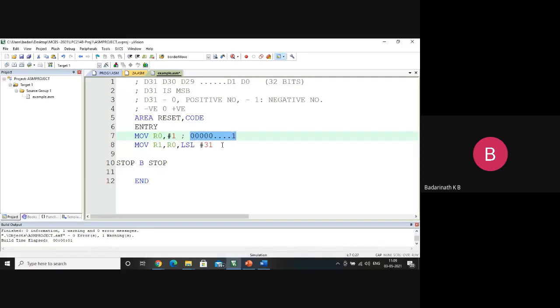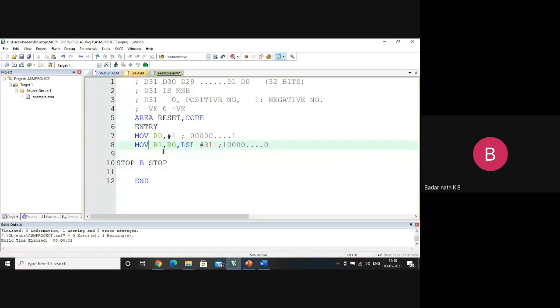So I am creating 1, 0, 0, 0, dot, dot, 0. Since I am shifting this number 31 bits to the left, the 1 which was here will come to this position. Once you have this shifted number, I'll put it into R1. Effectively, all this drama is only to make sure that the last bit changes in R1. This is the result.